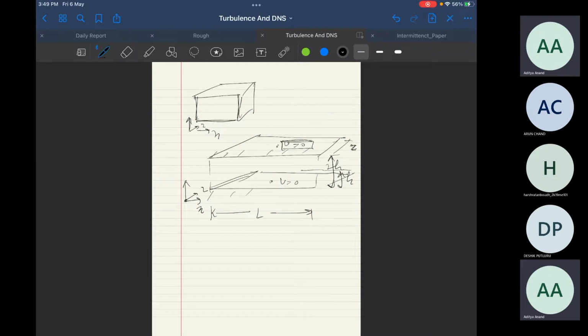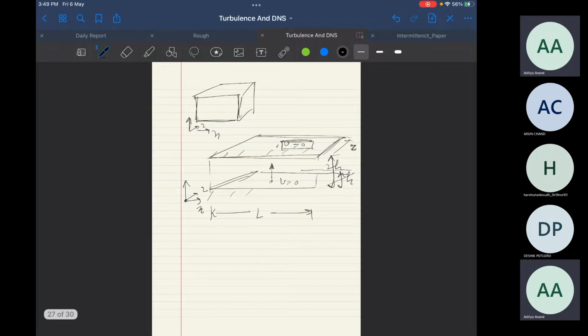So you cannot expand your velocities as a Fourier transform in this direction. So what people do is they use Chebyshev transform for this y direction, and then they solve. I don't know too much details of how the channel flow simulations are done using pseudo-spectral methods.